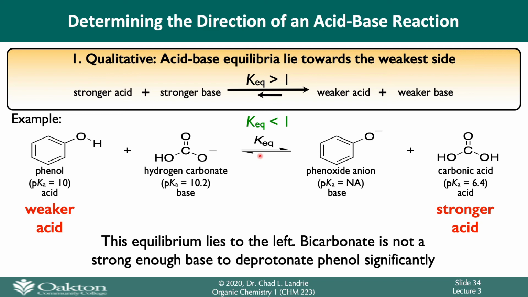And so an equilibrium is always going to lie towards the side with the lowest energy. And we can tell right away that phenol is the weaker conjugate acid, pKa 10, than carbonic acid, pKa 6.4. So even without doing any math, and we'll do the math in the next slide, we can see that this equilibrium should lie towards the left, towards the weaker side. Now let's do the math.